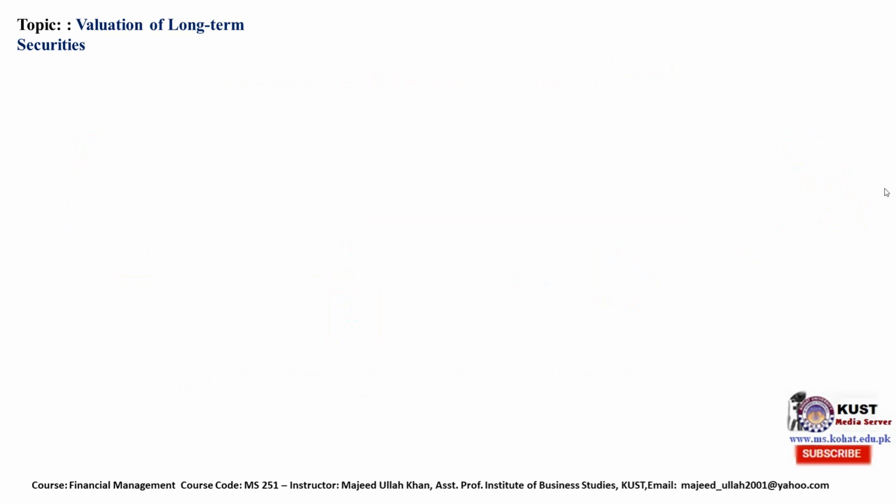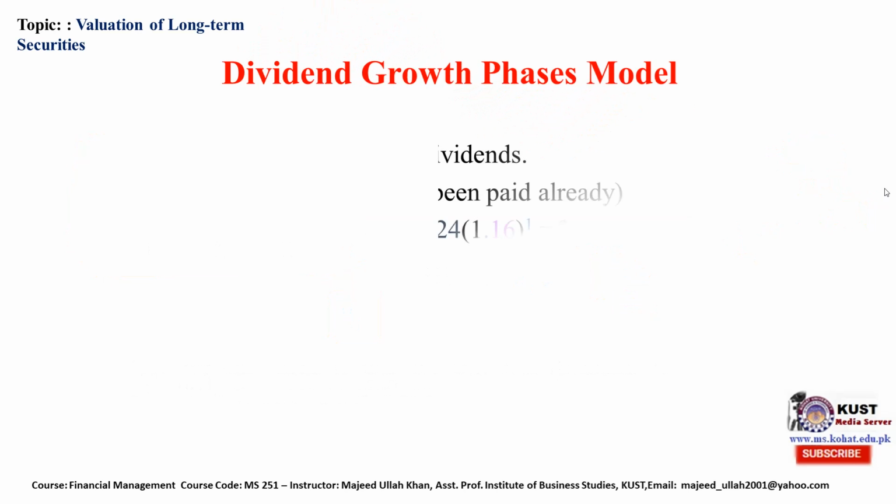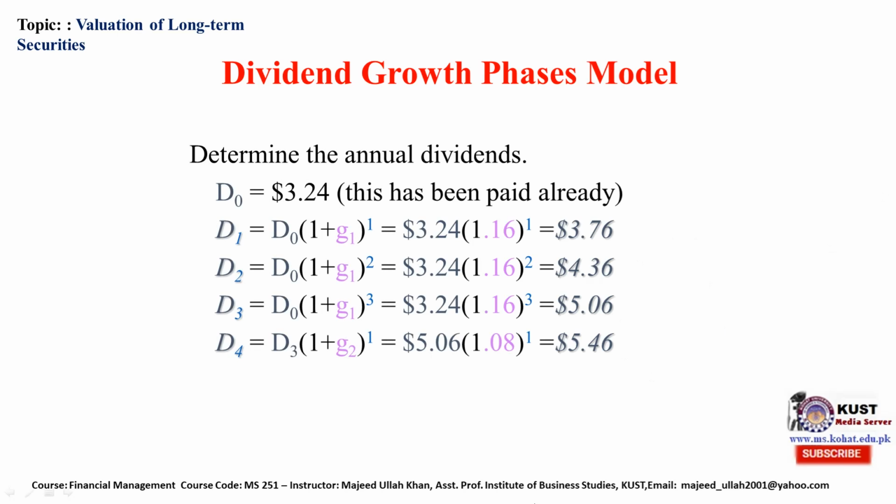In the growth rate model, we are basically interested in dividend D naught. So D naught times 1 plus g1 raised to the power 1 is D1, 1 plus g1 raised to the power 2 is D2, and this is D3, 1 plus g1 raised to the power 3, the dividend at the end of year 3.